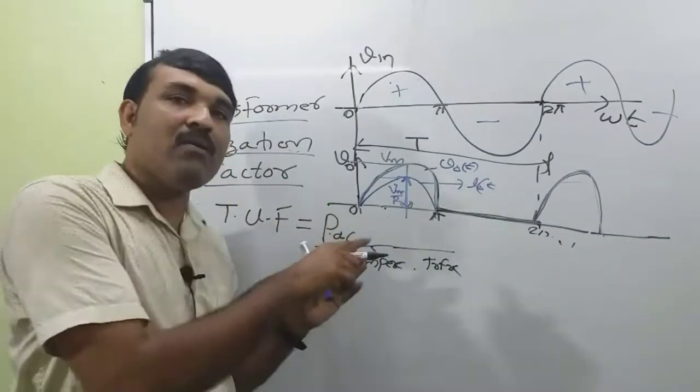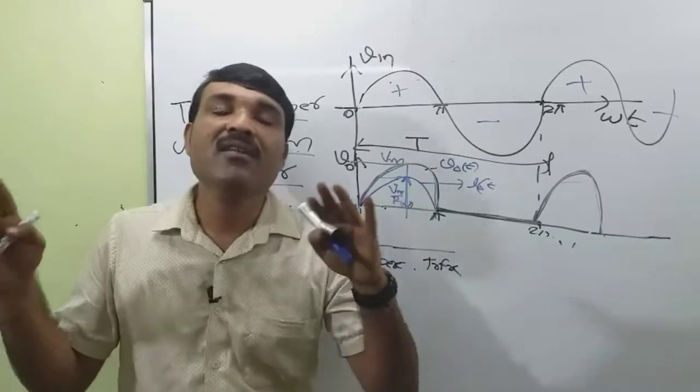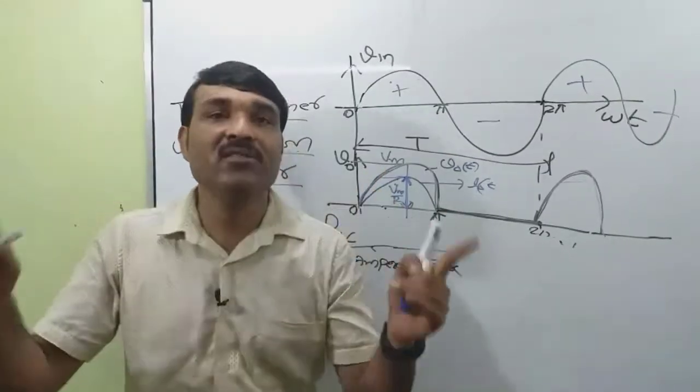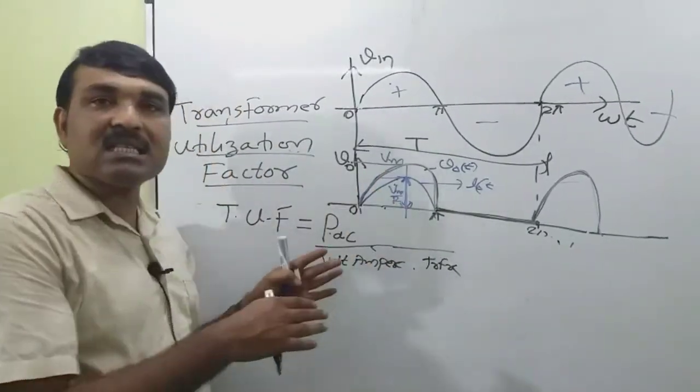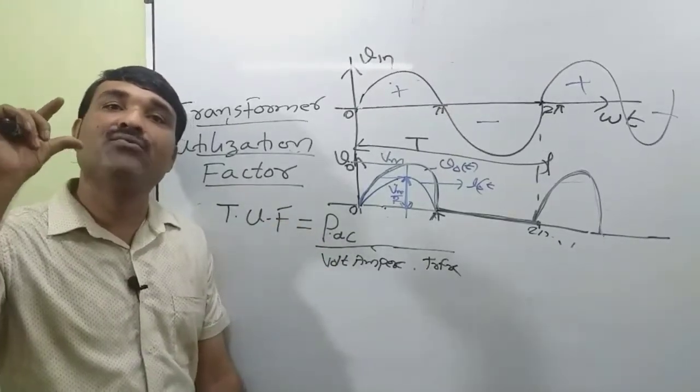PDC is the output power available at the load terminal of the rectifier circuit, and we are assuming the load is a resistive load. And the volt ampere is the product of voltage and current across the secondary terminal of the transformer.